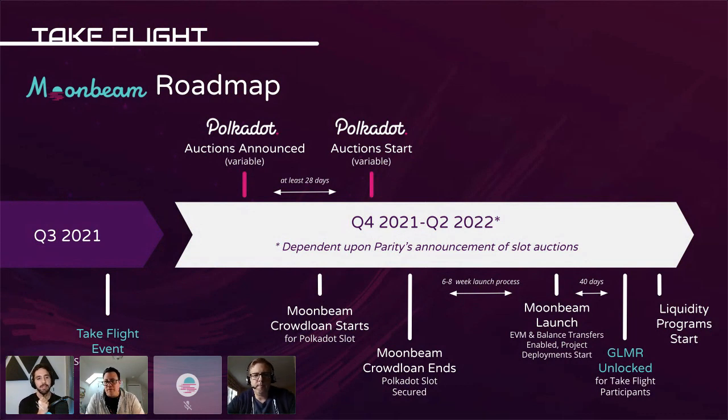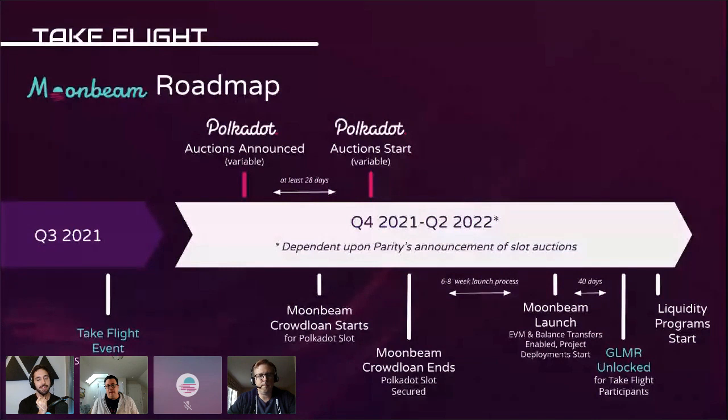And then, as was done for our Moonriver deployment, there will be a crowdloan for Moonbeam, a campaign designed to obtain the DOT that is necessary to have a winning bid at auction to occupy one of these initial slots.